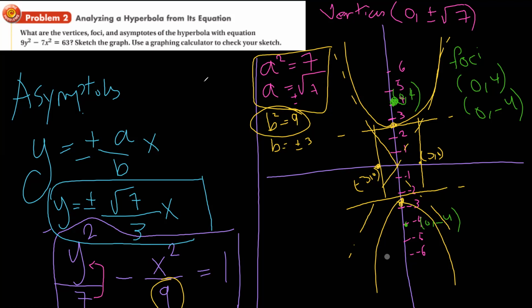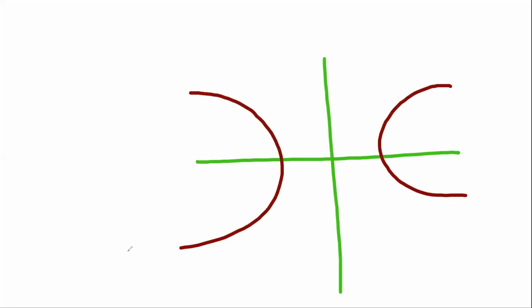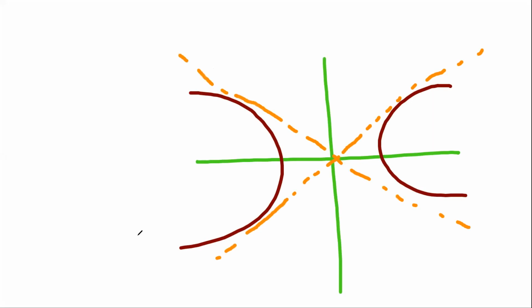If you have this hyperbola as an example, you just have to draw a line like this that doesn't connect the curves, and another one like this. It doesn't cut the curve, just that.